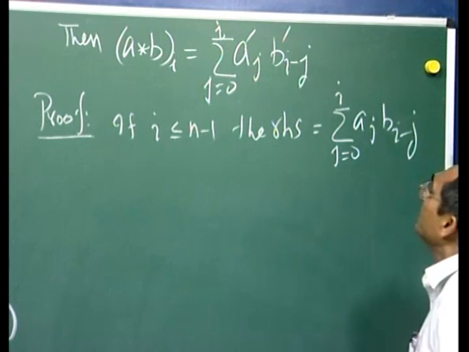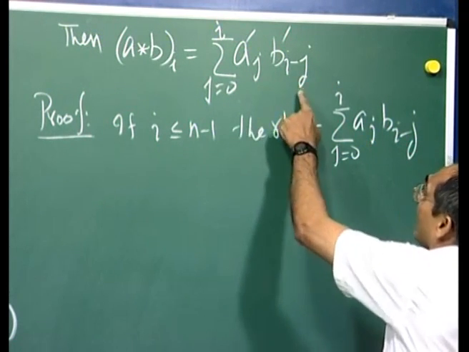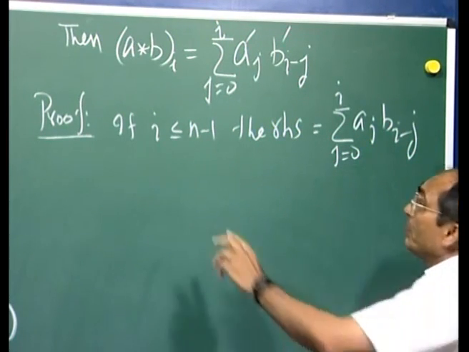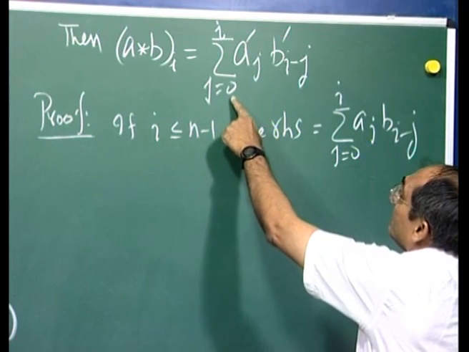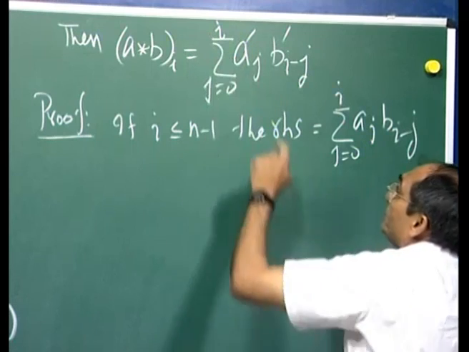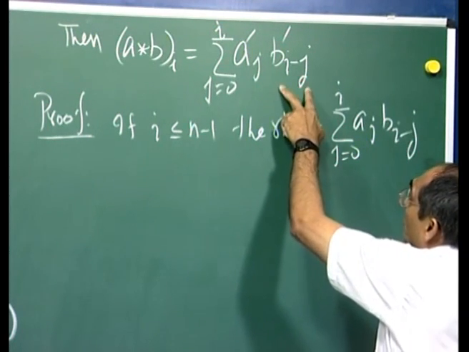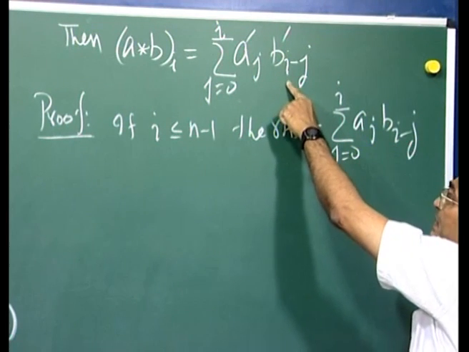The reason is that in this case all the indices are within n minus 1, because my i is at most n minus 1 and my j runs only up to i, and my i minus j is also contained, because the lowest value this can have is 0, highest is i.